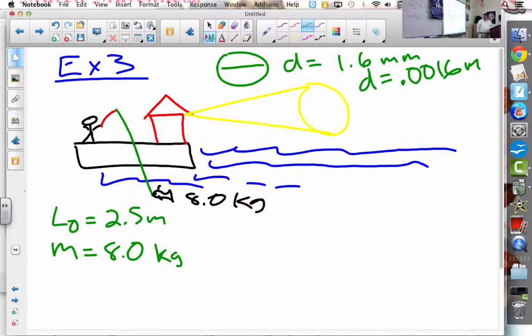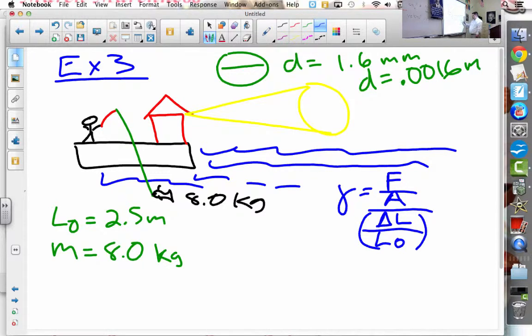All right? Well, now here's the interesting thing about the fish. This is pretty much the same problem that we did for problem number 1. So this is going to be Young's modulus is equal to the force over the area all over the change in length, which is what we're looking for, all over the original length. The problem is we might need to do a little more calculation.